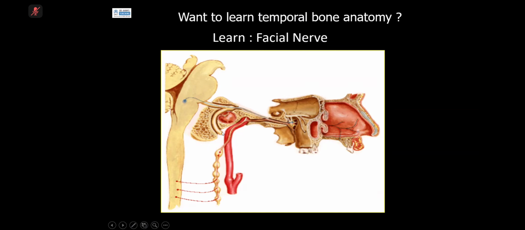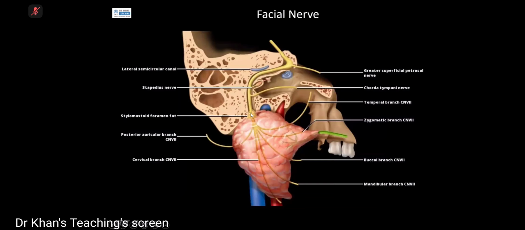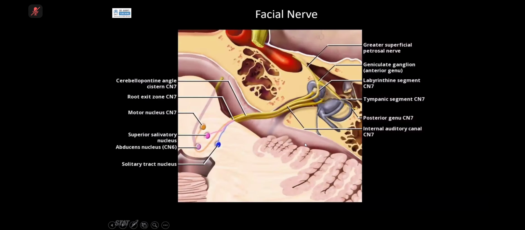At the stylomastoid foramen, it goes into the parotid gland and gives the terminal branches. That is why, with lesions of the parotid, there is a concept of perineural spread upstairs, just like in the masticator space. So this is the anatomy of the facial nerve.